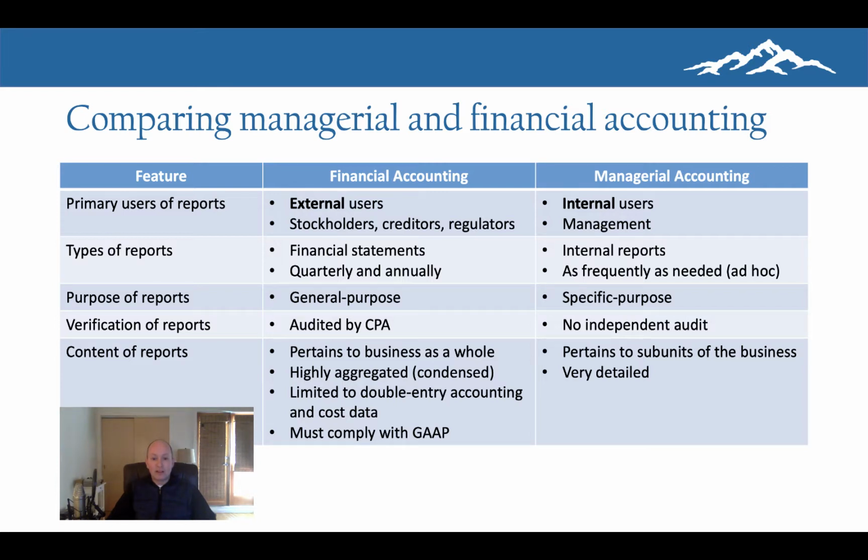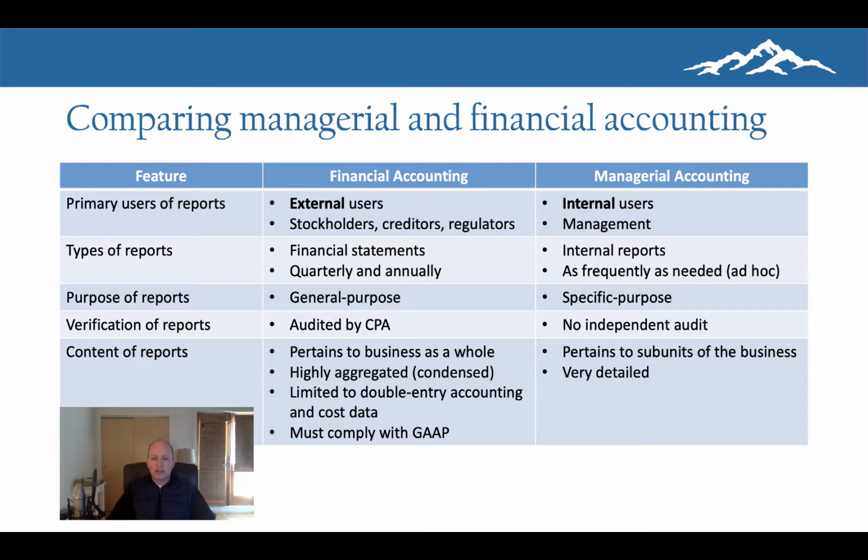So if you're General Electric and you have 20 subsidiaries, those subsidiaries get aggregated in the financial statements. You don't see the cost to manufacture every product in the financial statements. You see an aggregated cost of goods sold. And importantly, external users expect your financial statements to comply with GAAP. For them to be audited successfully by a CPA, they have to comply with GAAP, generally accepted accounting principles.